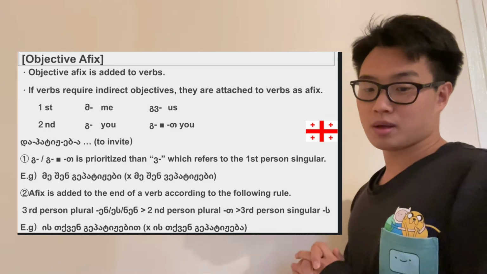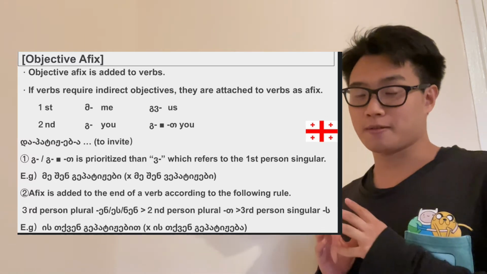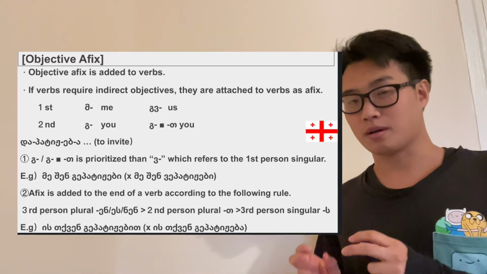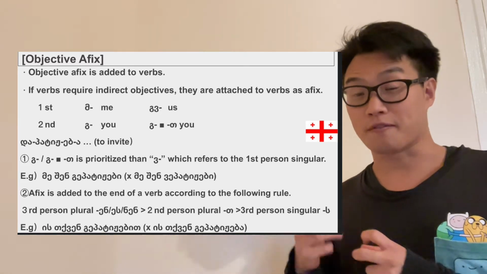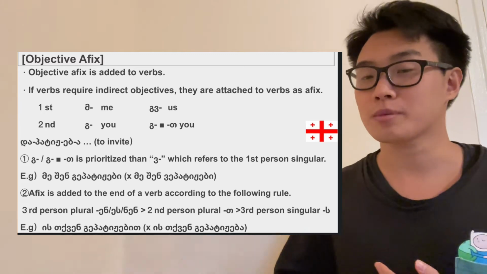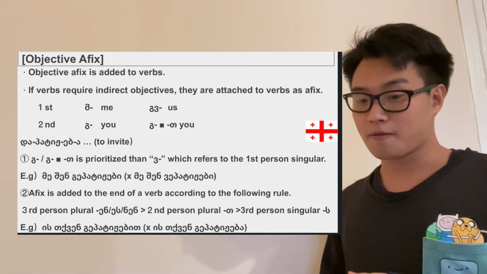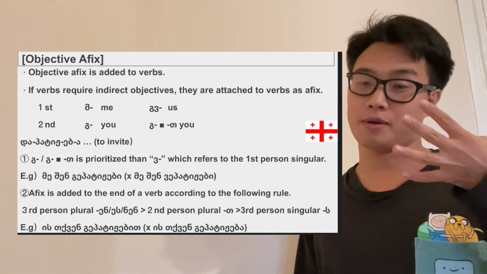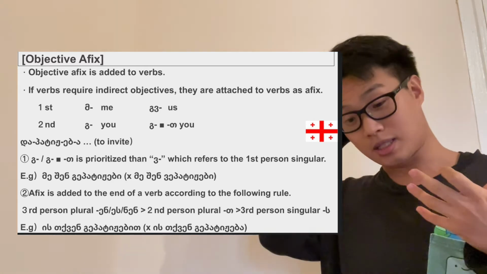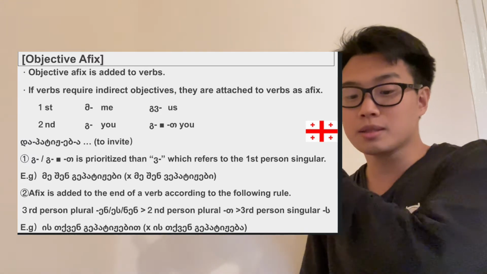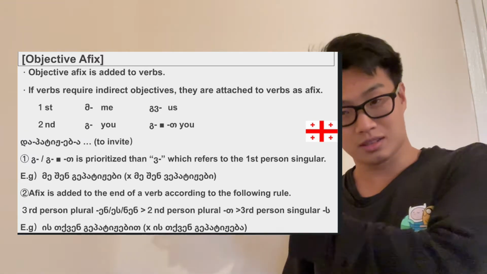So the objective affix is usually added to the verbs, in front of the verbs or at the end of the verbs, depending. And there are four objective affixes that we want to remember in this video: me, gve, g, gt.